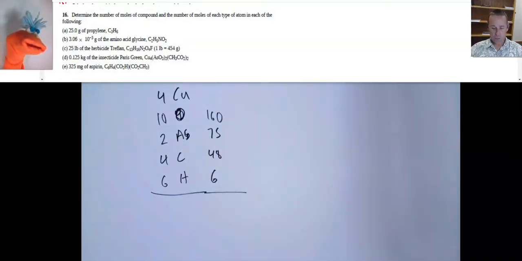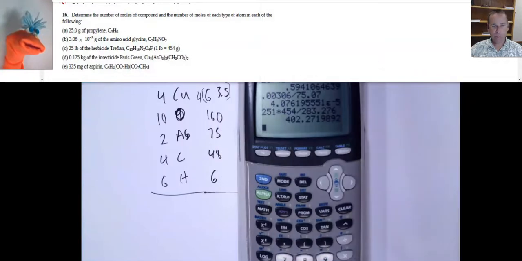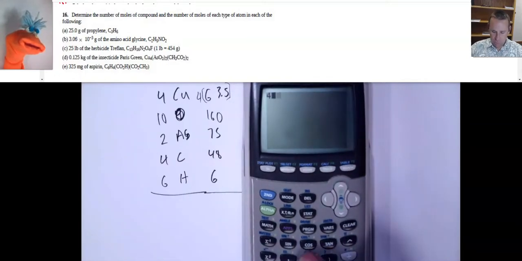Let's find out what the copper is. 64, about 63.5. Oh, but there's 4 of them. Let's see what we get. 4 times 63.5, right? That's our first one, 254.